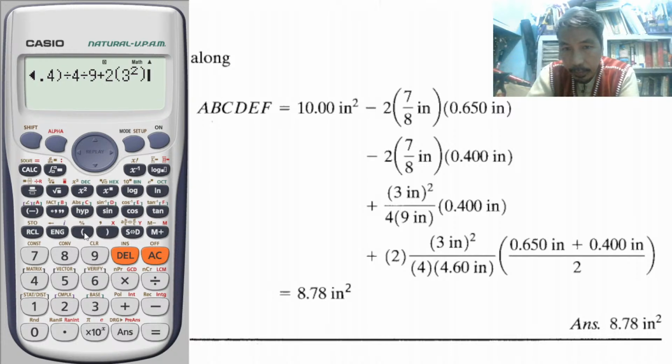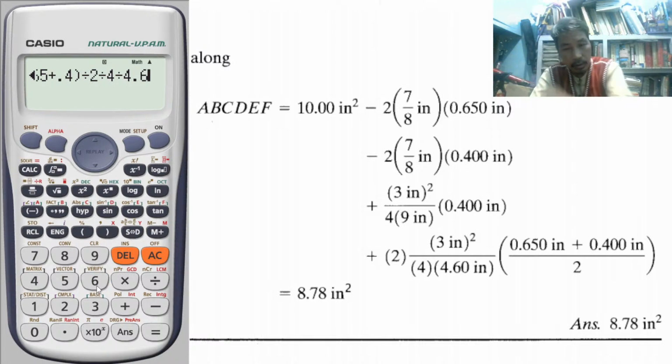Multiply now by the average of the thickness. We are just multiplying with the average of the thickness. 0.65 plus 0.4, divided by 2, divided by 4G, divided by 4 and divided by G, which is 4.6.